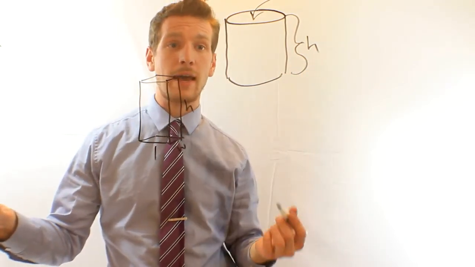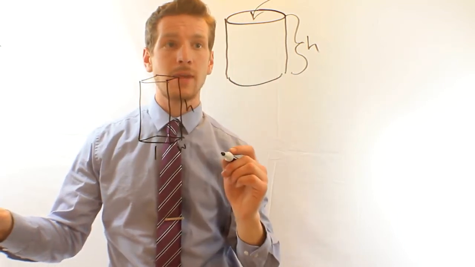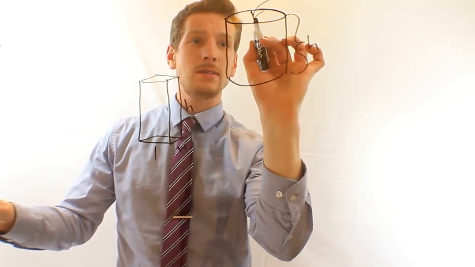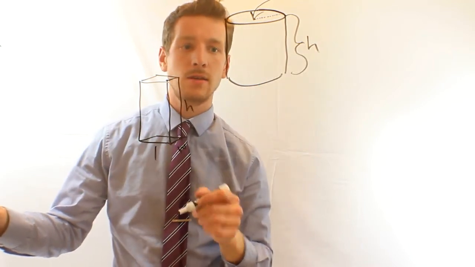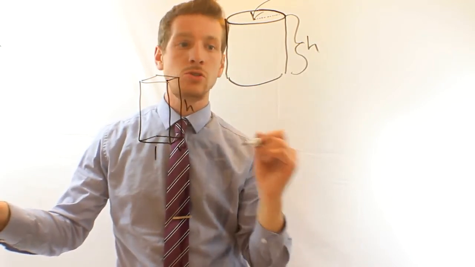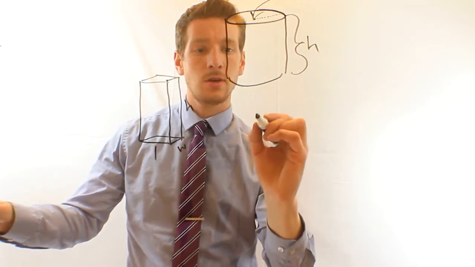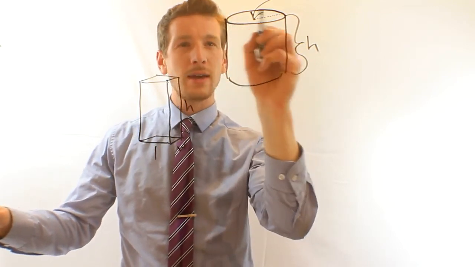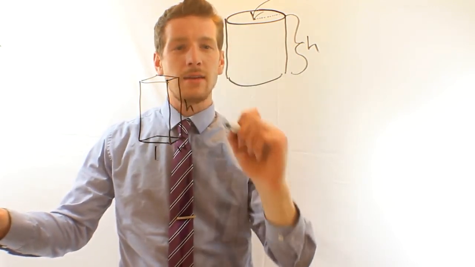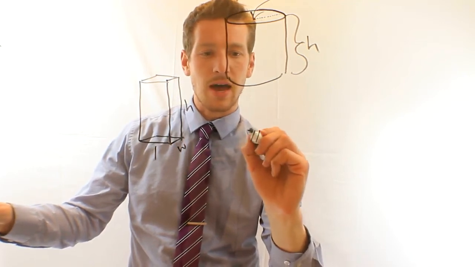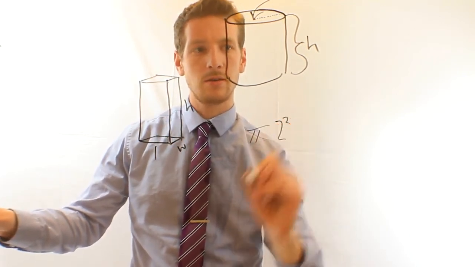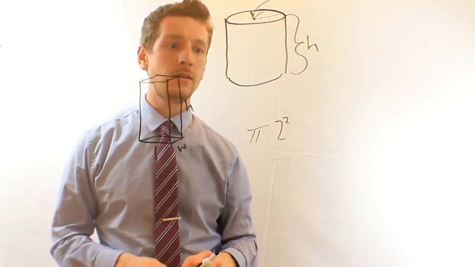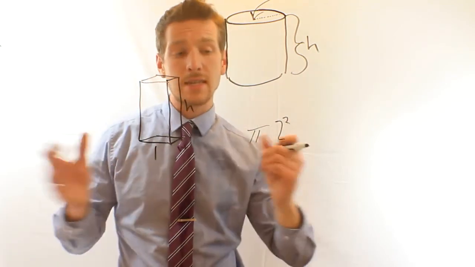So let's say that we had a cylinder here, and let's say that the radius is 2 centimeters. So I could say that the area of that circle is going to be pi times 2 squared. And then let's say that the height was 10 centimeters.